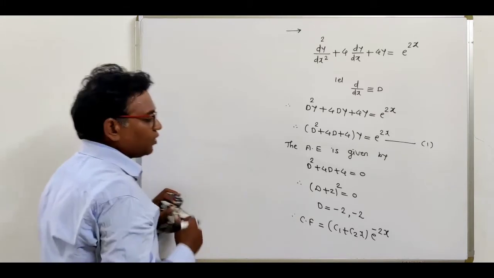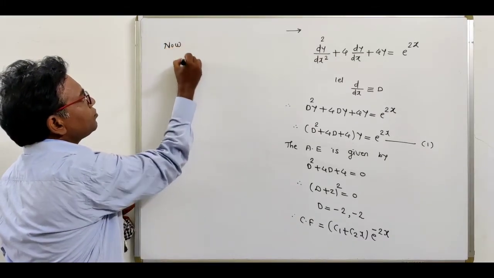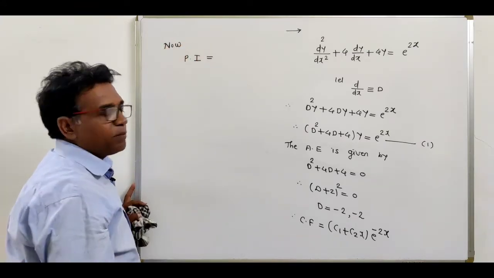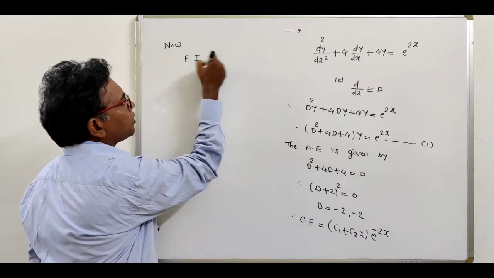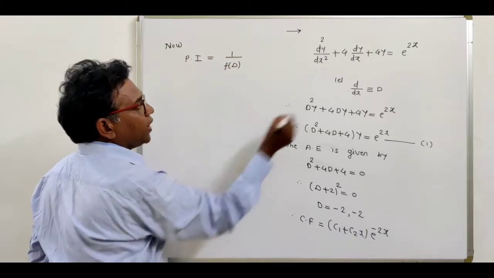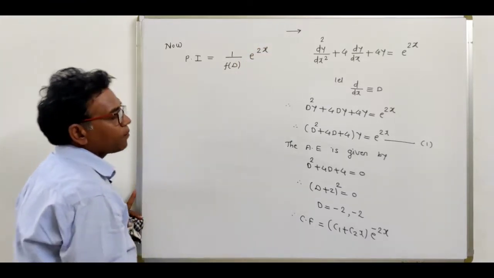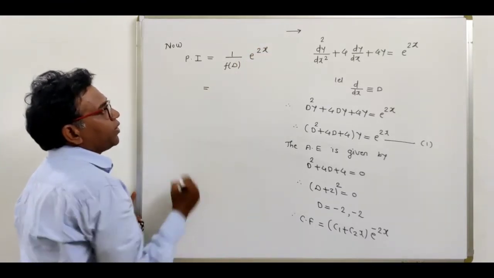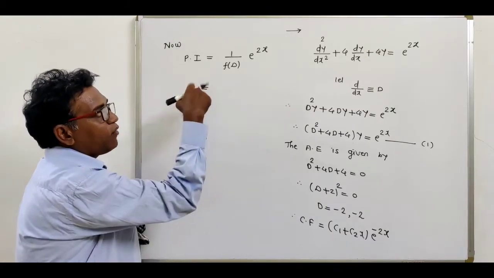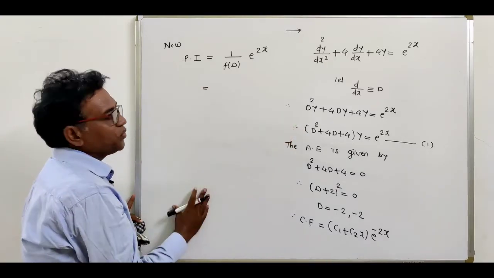Now let us find out the particular integral. The particular integral is given by the formula 1 upon f(D) into the right hand side, that is e raised to 2x.